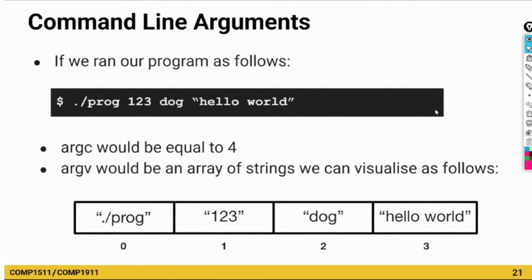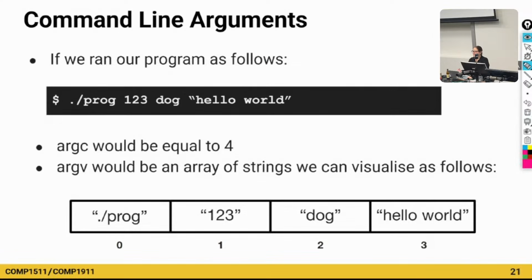Now, when we run our program, that allows the user to type stuff in, and it's going to be passed in. Now, in this case, our argc variable, which the main gets in the inputs to main, is going to be 4, because the user's typed in 1, 2, 3, 4 command line arguments.